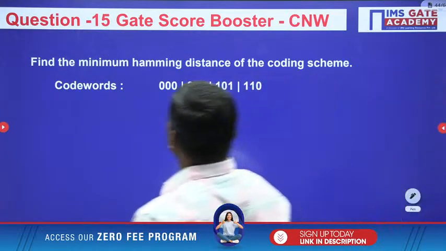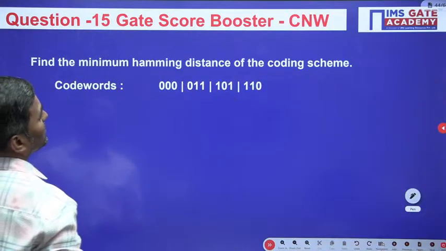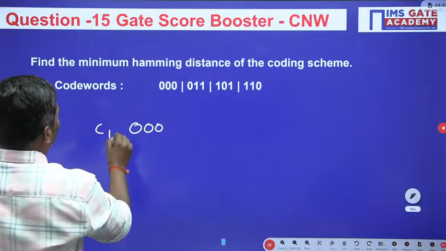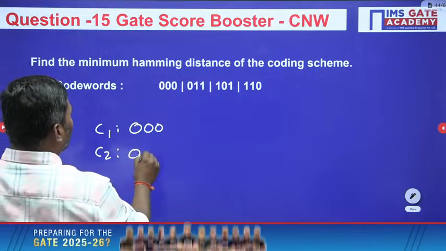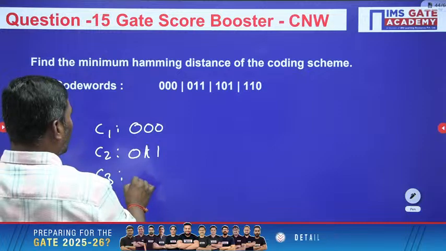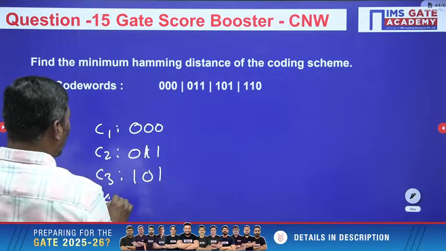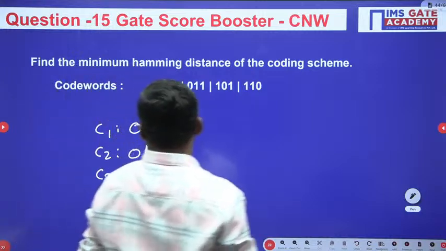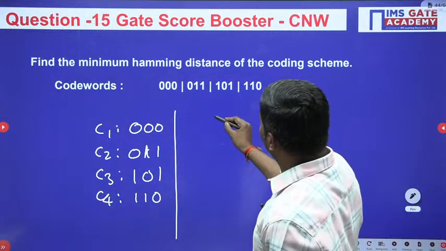Now, can you find the minimum Hamming distance of this code scheme? They have given code word 1 as 0, 0, 0, code word 2 as 0, 1, 1, code word 3 as 1, 0, 1, and code word 4 as 1, 1, 0. So what is the Hamming distance? Very simple.